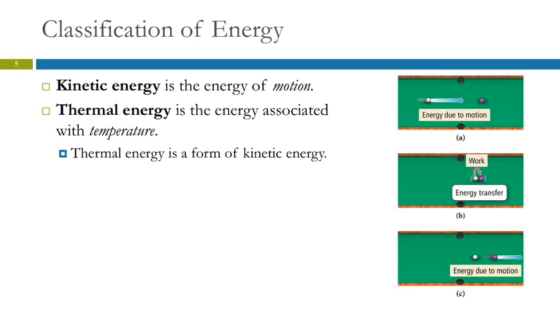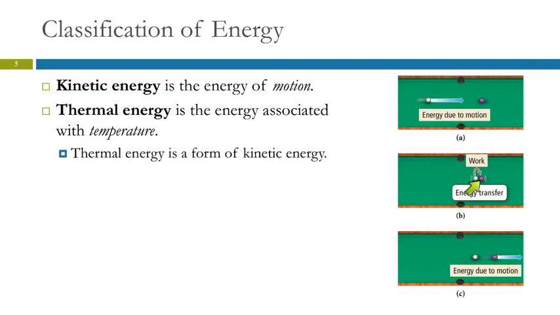So thermal energy is a form of kinetic energy, but it doesn't necessarily involve particles moving through space, but they might be just moving around within a small space. So here we've got energy due to motion. The cue ball coming at this purple ball.